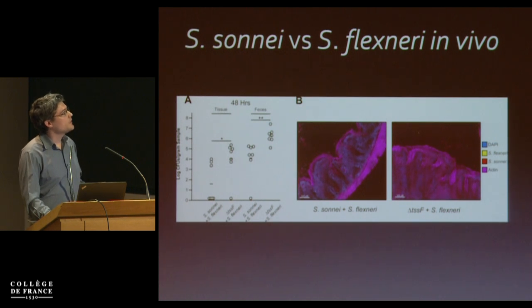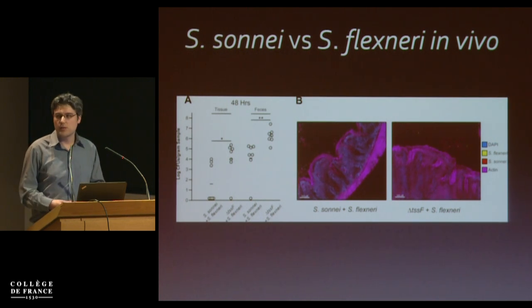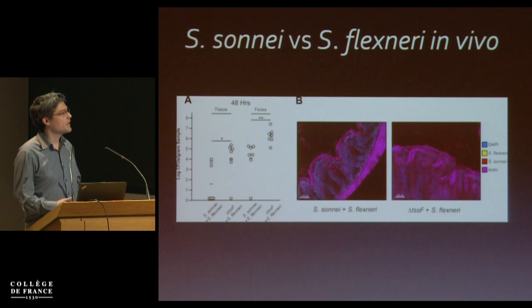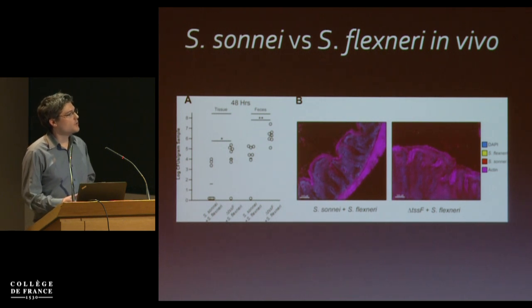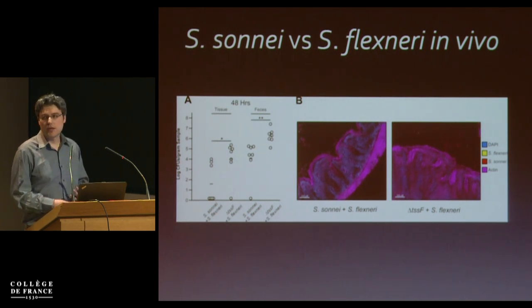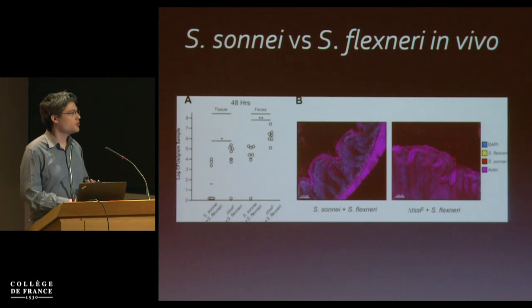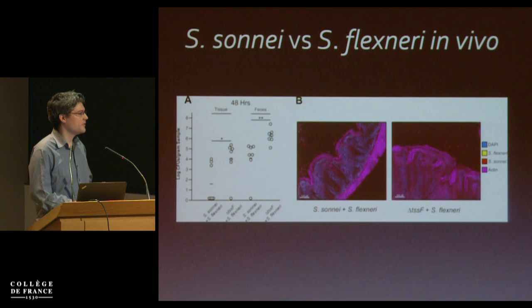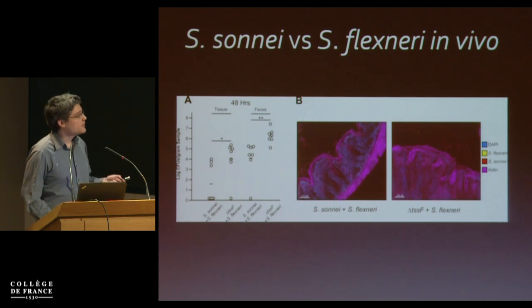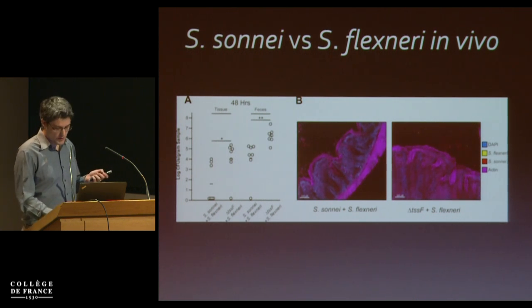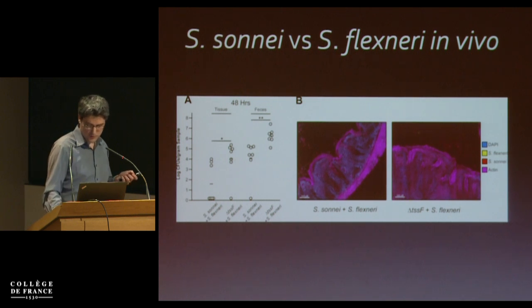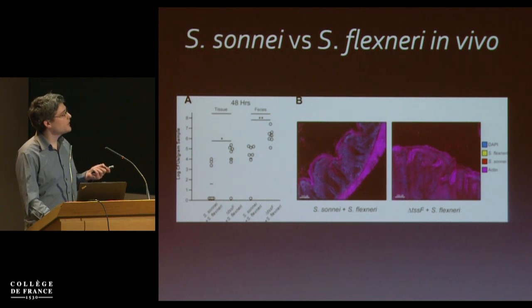Finally, we wanted to see whether or not Shigella sonnei would compete with another bacteria in vivo. So we pre-treated our mice with streptomycin, and then we simultaneously infected them with both Shigella sonnei and Shigella flexneri. And after 48 hours, we recovered the bacteria from the colon. We're looking here at the numbers of Shigella flexneri that we had.